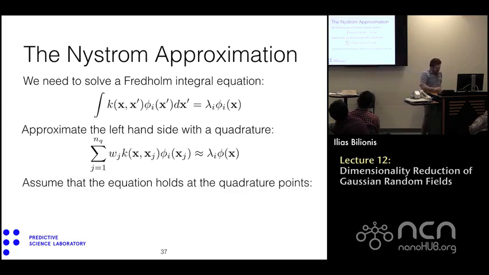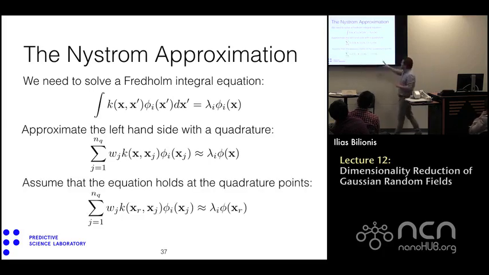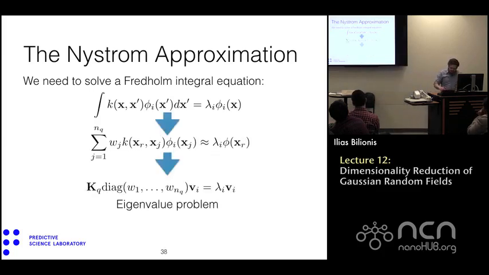And when you put an arbitrary quadrature point, you get this equation. And now if you look at this equation, it's actually a matrix eigenvalue problem. So you have here a matrix, we're going to construct it, times a vector, it's going to be lambda times the same vector. And it looks like that, okay?